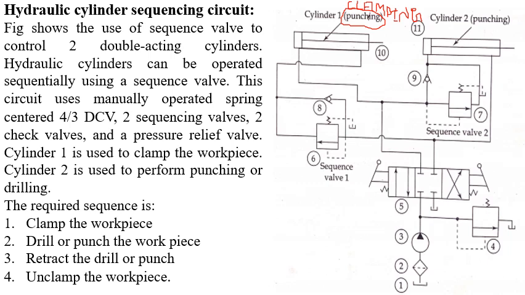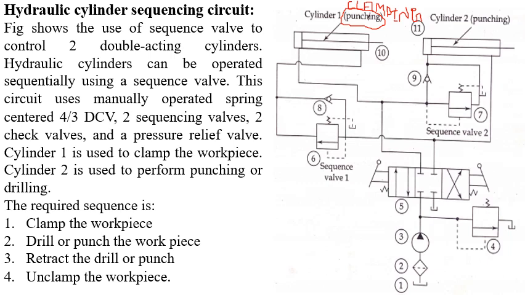See, the figure shows the use of a sequence valve to control 2 double acting cylinders. Hydraulic cylinders can be operated sequentially using a sequence valve. This circuit uses a manually operated spring centered 4/3 direction control valve, 2 sequencing valves, 2 check valves and a pressure relief valve.